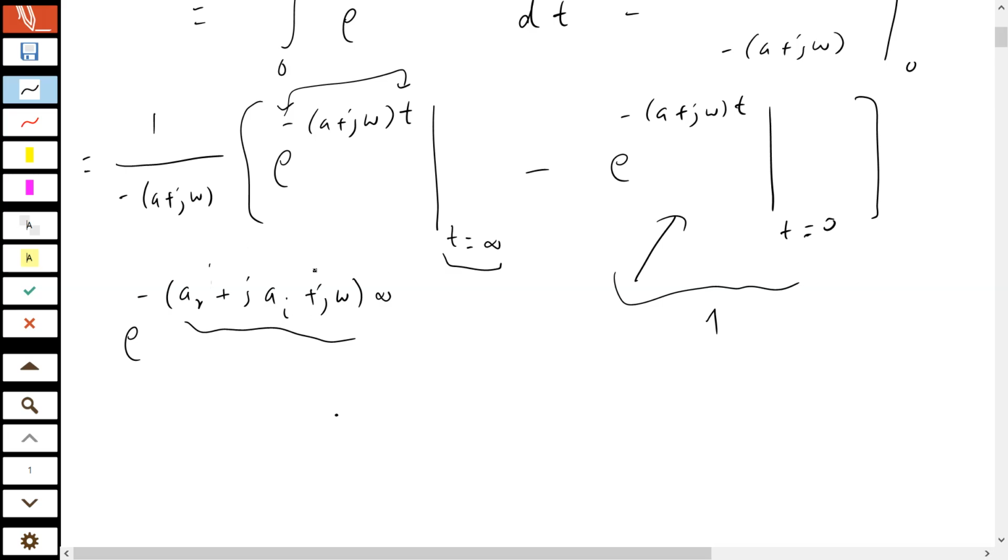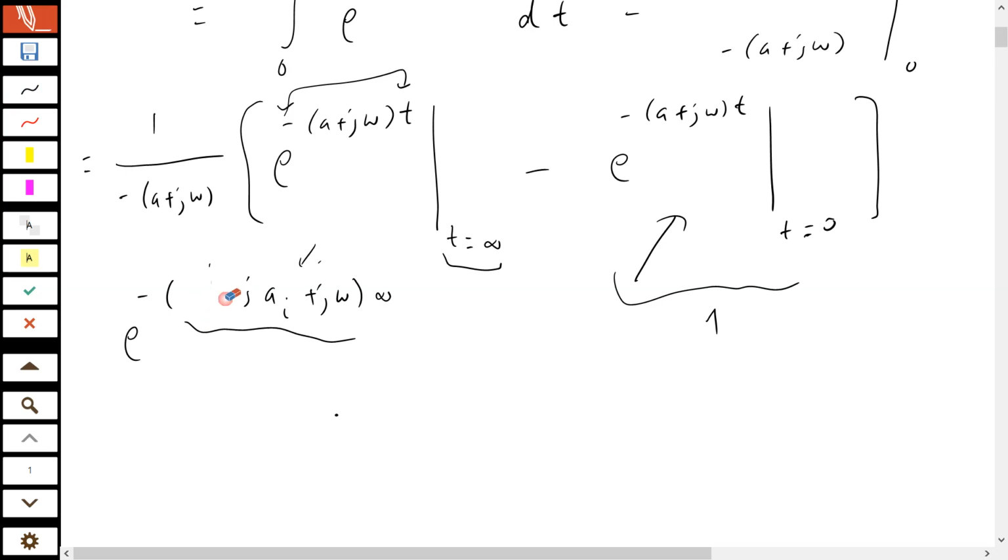Actually, you know that the imaginary exponent has no role in convergence, because it keeps oscillating. Actually, I would not say it has no role in convergence. It will not converge, right? So let's say this AR was 0.